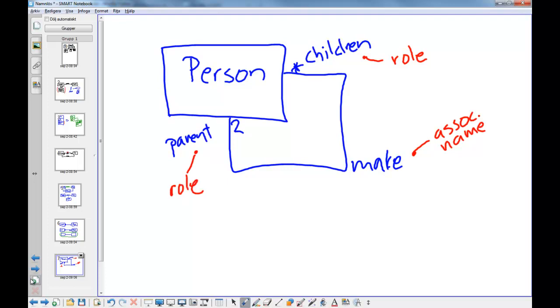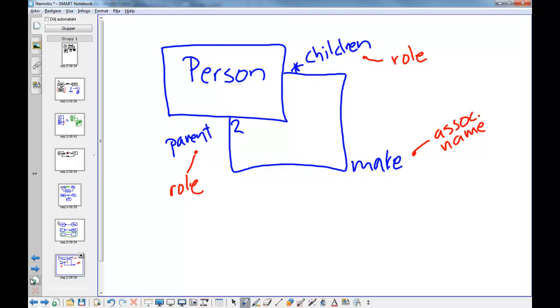And this is important, especially in reflexive associations, because you need to know what kind of role one object can play for the other. So we can have person objects that are parents and at the same time be children. And it is important to know this information.